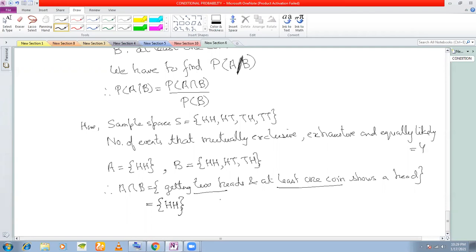Clear or not? If you see the sample space, 2 heads are there, right? Both these conditions have to be satisfied simultaneously. So getting 2 heads, and also at least one coin shows a head. If I take this event, HT, will it satisfy this condition?